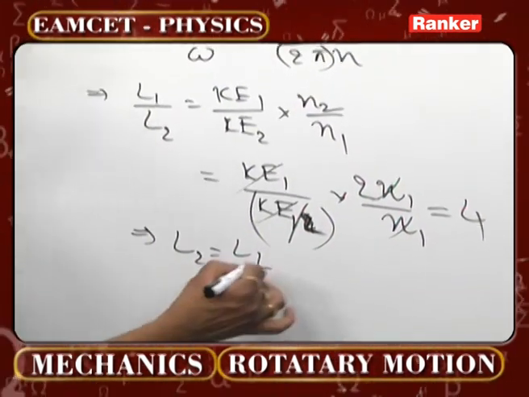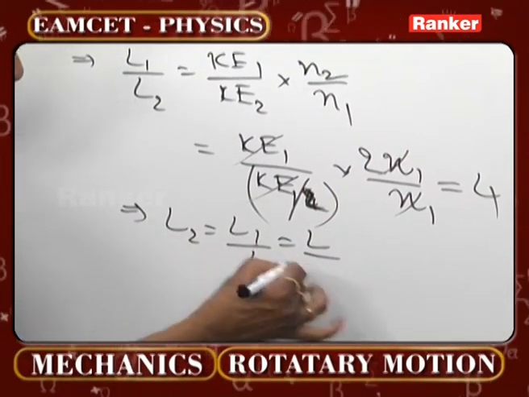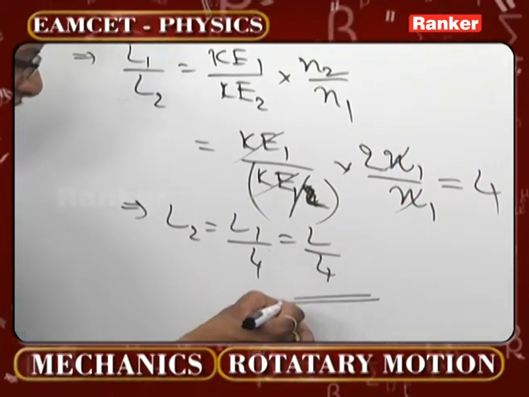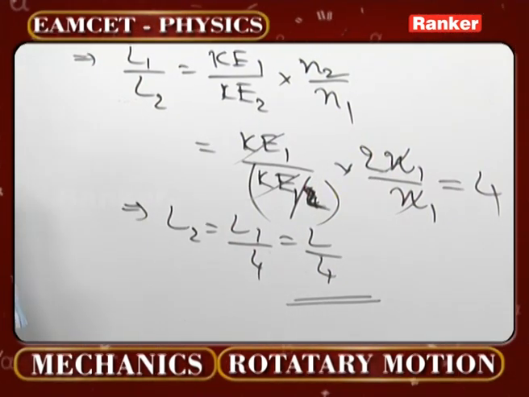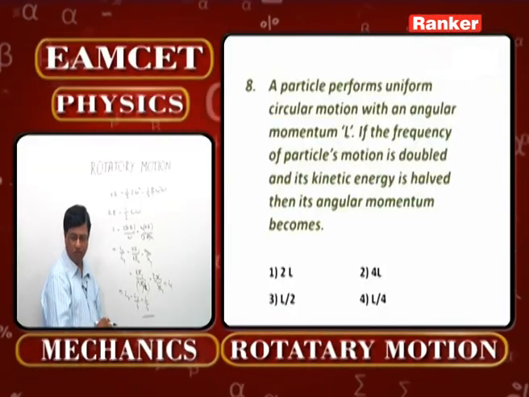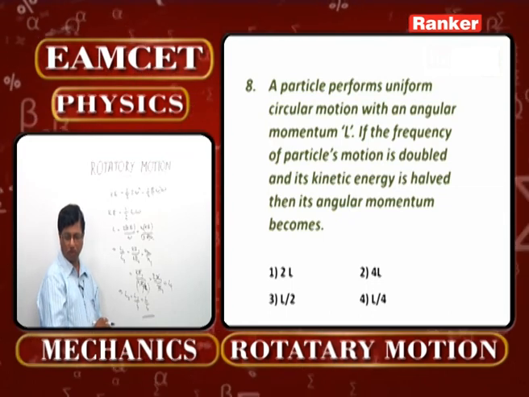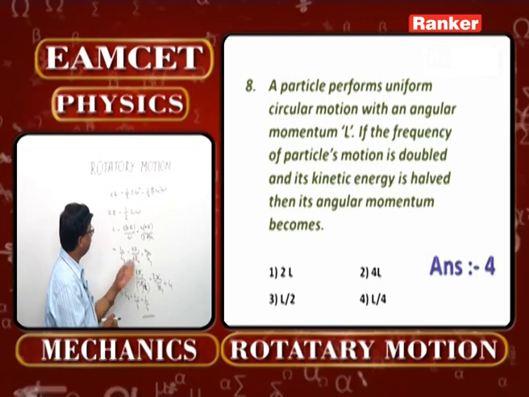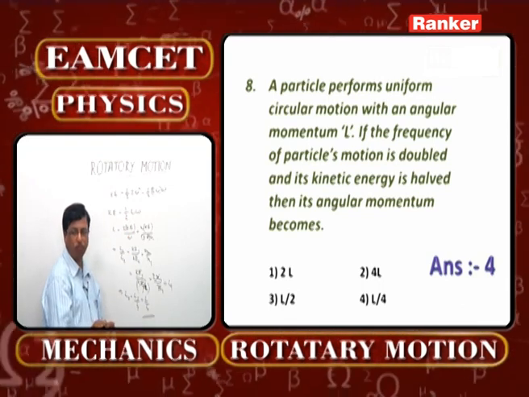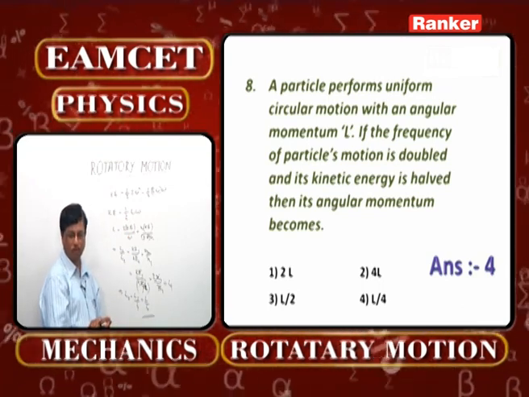If I take the original value of angular momentum as L, the corresponding value now should be L by 4. That means the correct option in this question is the fourth option, L by 4. This is the methodology we have to adopt for doing such model questions.